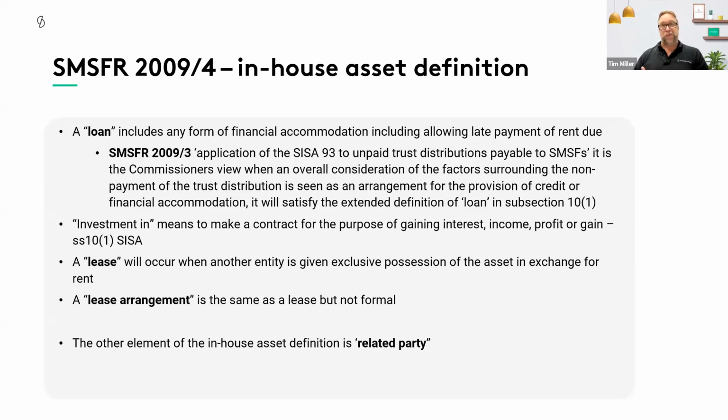But from an SMSF investment point of view, we have far broader, and we've got a ruling that deals specifically on financial assistance, right? But we also then have our 2009/4, and we also have 2009/3, which talks about unpaid trust distributions.